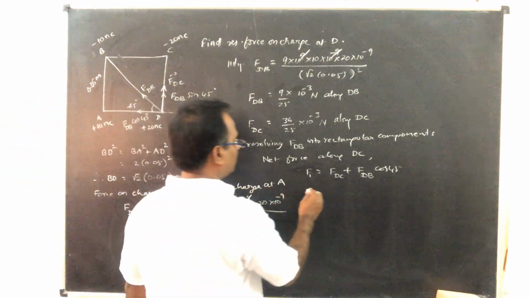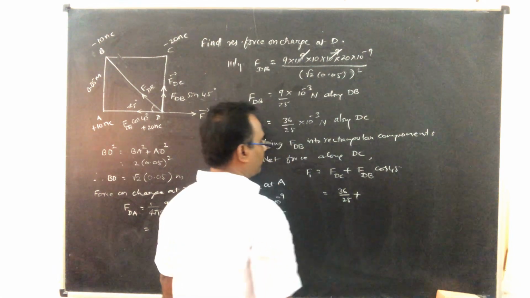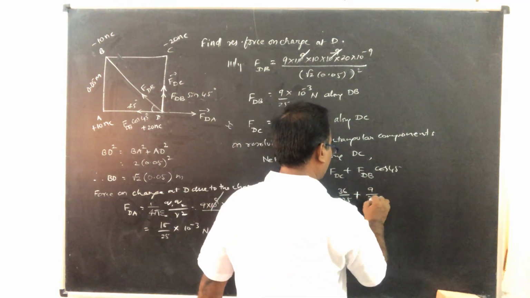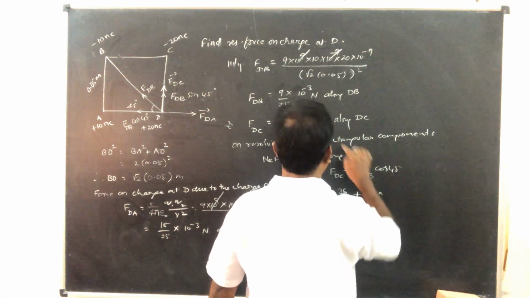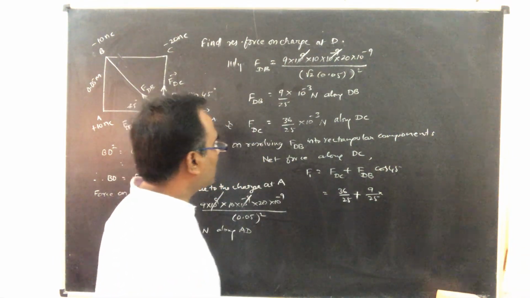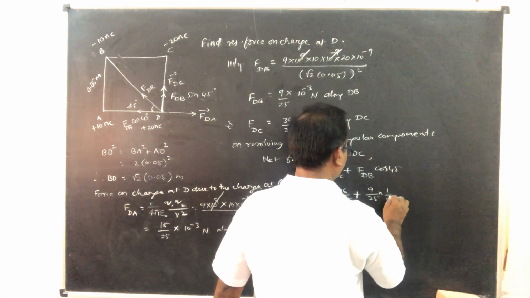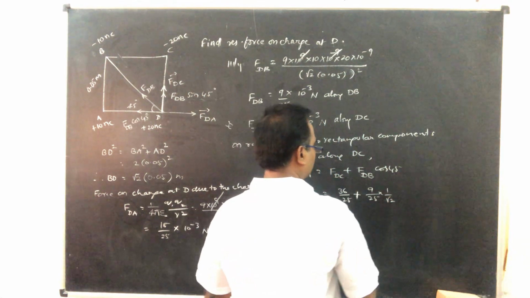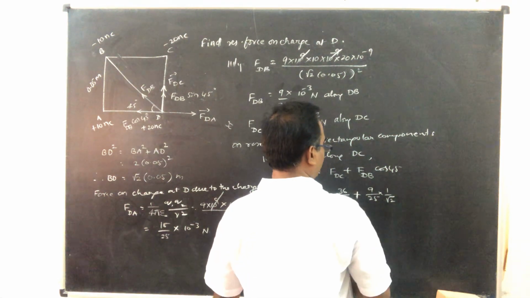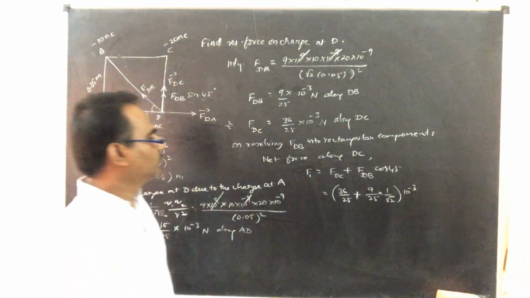What is this FDC? 36 divided by 25, plus what is this FDB? 9 by 25, into cos 45, which is 1 by root 2, in 10 to the power of minus 3.